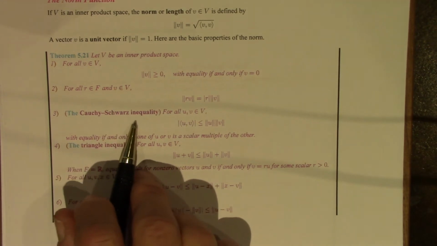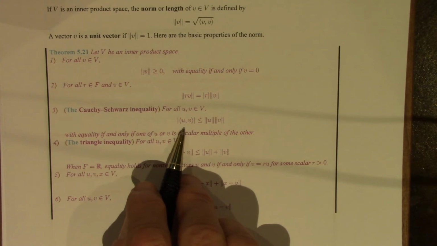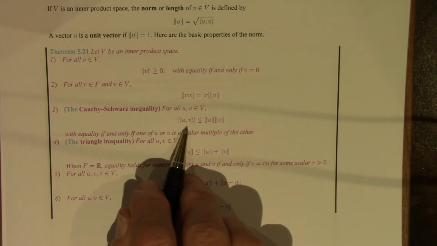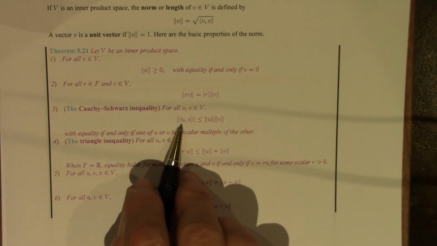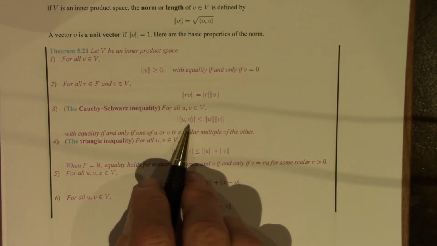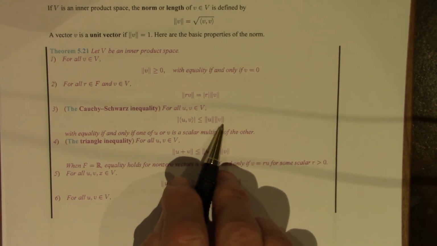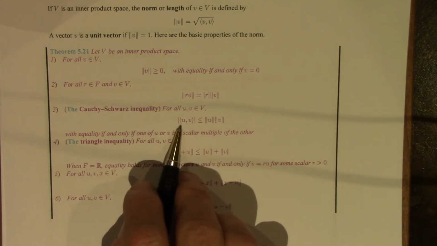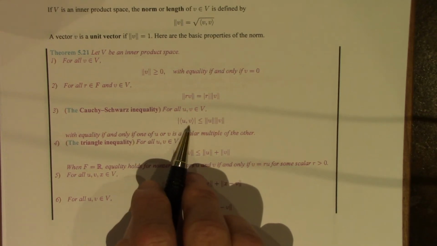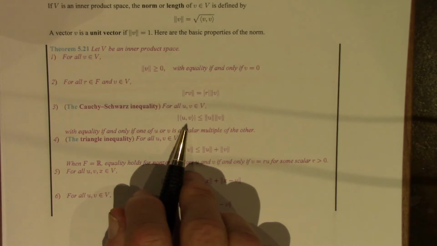There's a very famous inequality called the Cauchy-Schwarz inequality, which states that the absolute value or norm of U inner product with V is less than or equal to the product of the norms of U and V. This norm with the single bar is the norm of a scalar. So for real numbers, it's the absolute value.